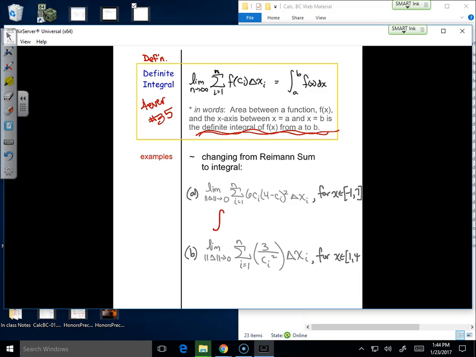The definite integral from 2 of, who's that? Who is this? Yeah, it's just x. So instead of saying 6 c sub i, I'm going to say 6x times 4 minus x quantity squared.